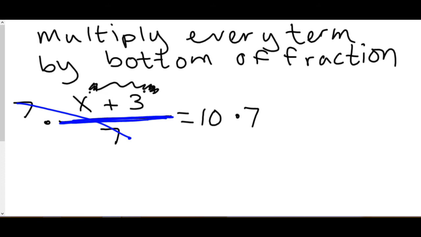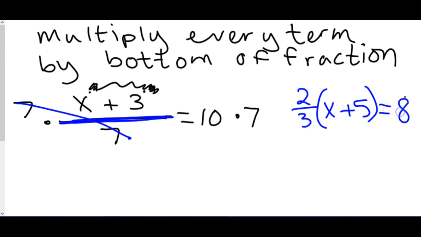The second exception was when we had parentheses. When we times by 3, again, we don't put times 3 with each term. We do not do that. We only put times 3 out front and times 3 on the other side.